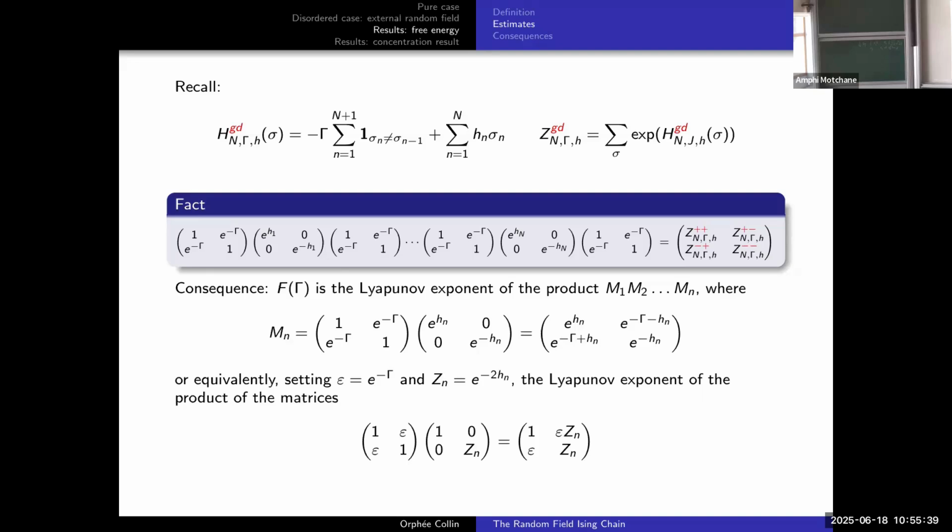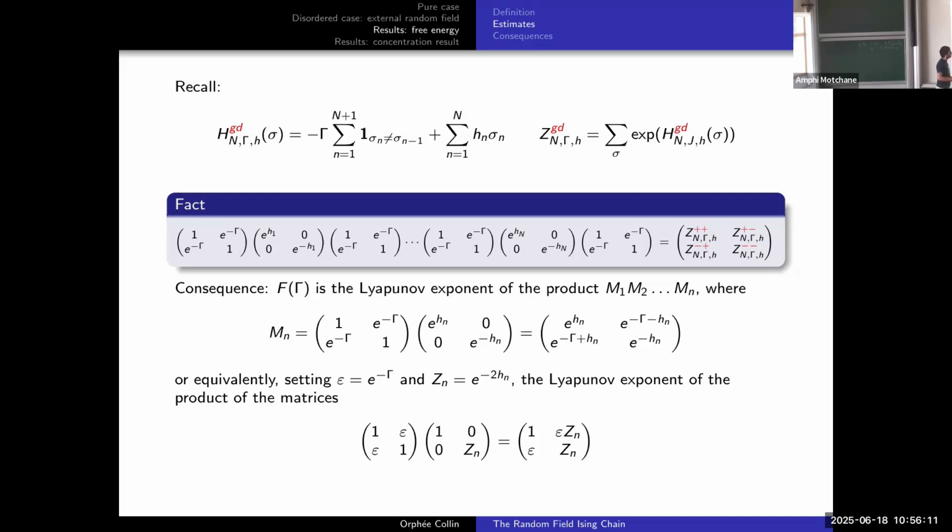Forgetting about this does not change the exponential growth rate of the coefficients. And then I grouped them 2 by 2, so I considered those matrices here. For convenience, you can decide to divide by exponential hn. So you get rather this matrix product with epsilon equals exponential minus gamma and zn equals exponential minus 2hn.